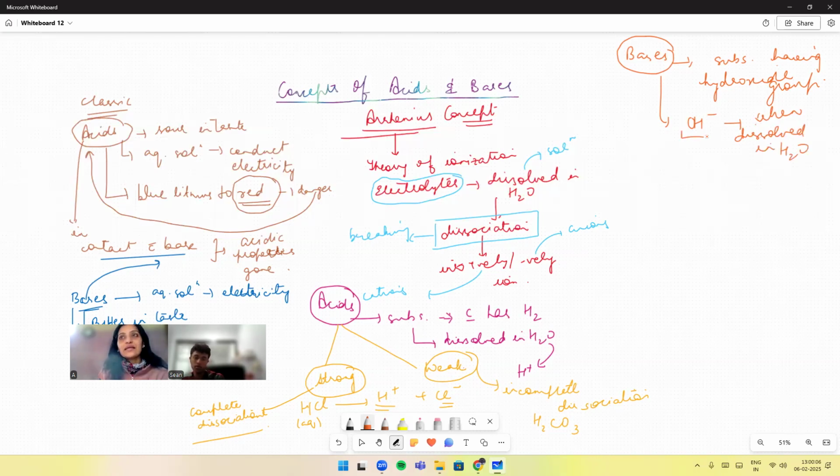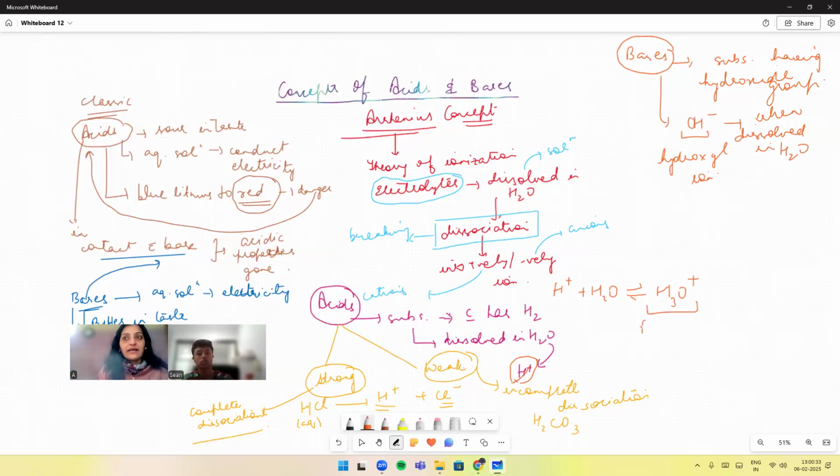This is your hydroxyl ion, OH negative. And this H ion is very unstable. It doesn't show independent existence. So what it does, it readily combines with a molecule of water to form hydronium ion. This is hydronium ion, H3O positive. Got it?